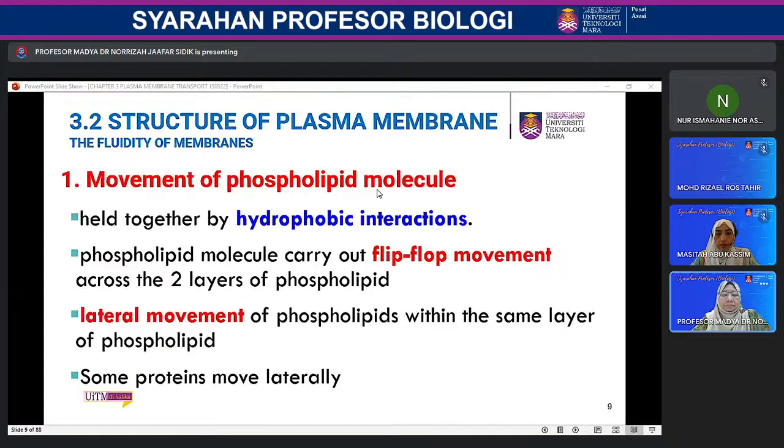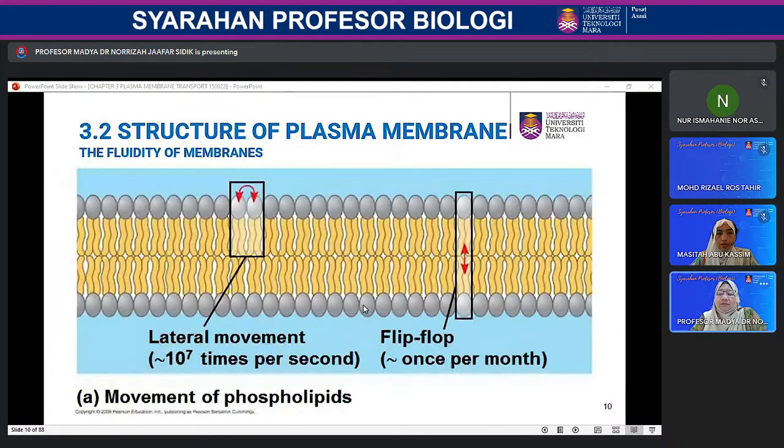This movement of phospholipid is held together by the hydrophobic interactions. In the phospholipid molecules, they have two types of movement. One is the flip-flop movement. Flip-flop means the phospholipid will move across from one layer to another layer.